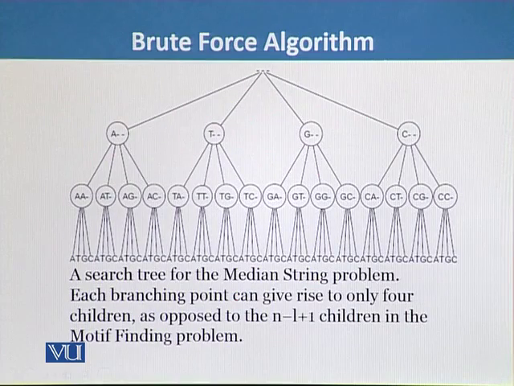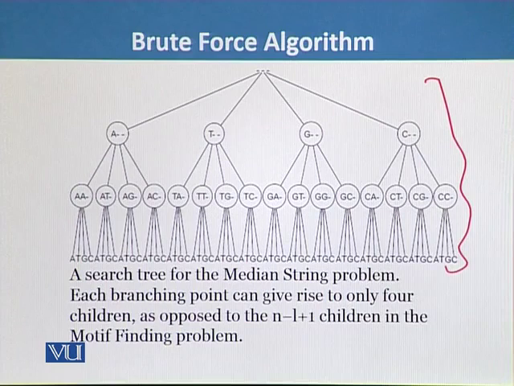Here we can see the brute force motif algorithm can be modified from the median string search to explore the entire tree. So this is the tree, and we can search the entire tree of L nucleotide strings, rather than only the leaves of the tree as in the brute force median search.